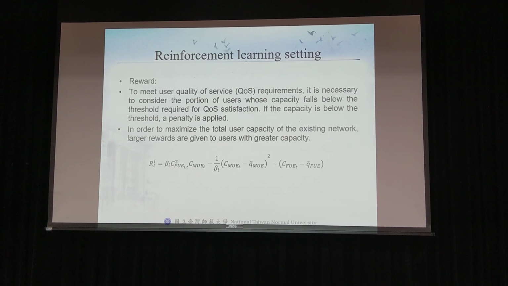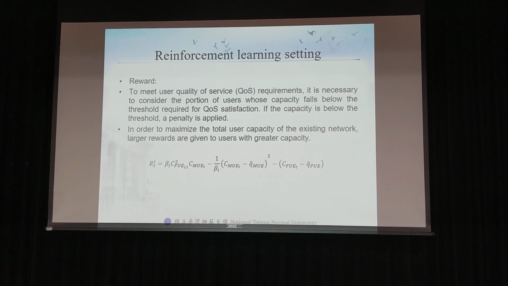And the next is the rewards. We have to meet the user quality of service requirement. It is necessary to consider the portion of the users whose capacity falls below the threshold and requires QoS certification.